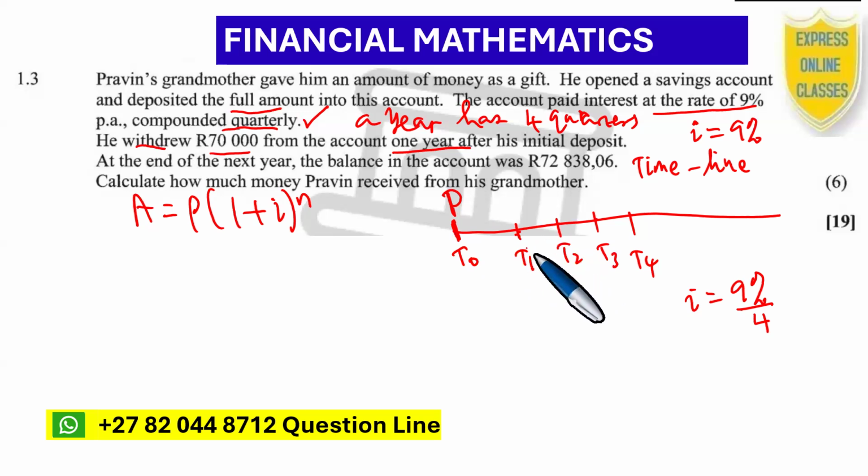Now the second quarter starts and it ends here. The end of the third quarter, the end of the fourth quarter, the end of the year. In other words, he withdrew 70,000 from the account 1 year after his initial deposit, so this guy is going to subtract 70,000 from this.